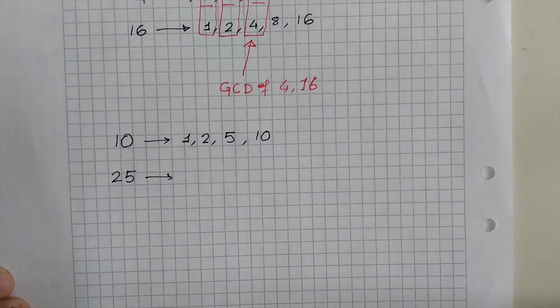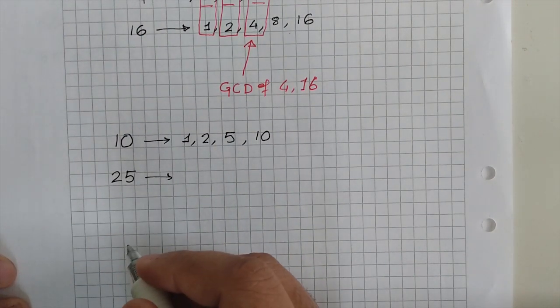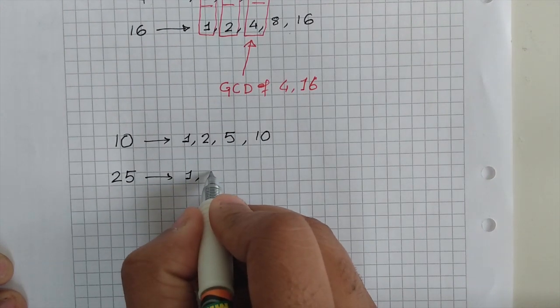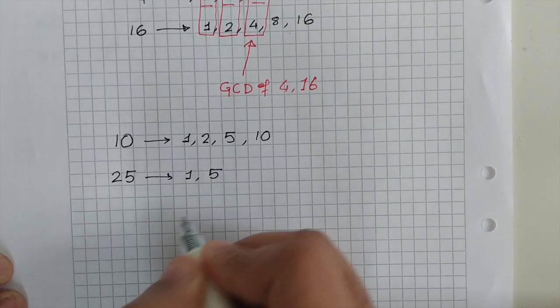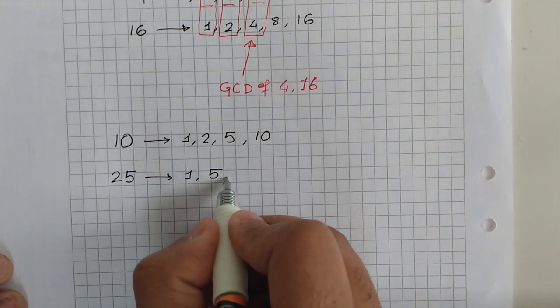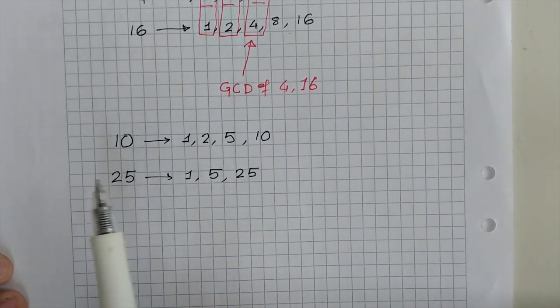These are the numbers that can cleanly divide 10. And 25 can be cleanly divided by 1, 5, and 25 itself. There is no other number that can divide 25.